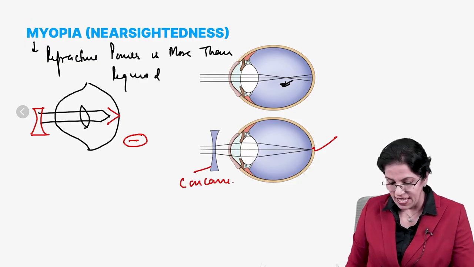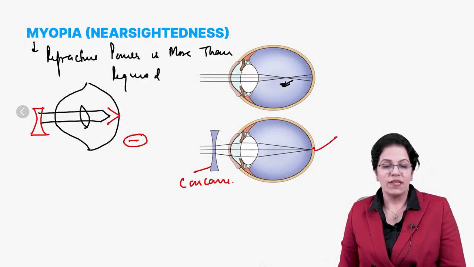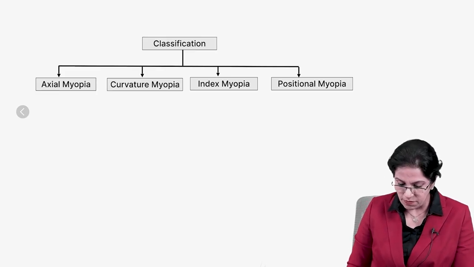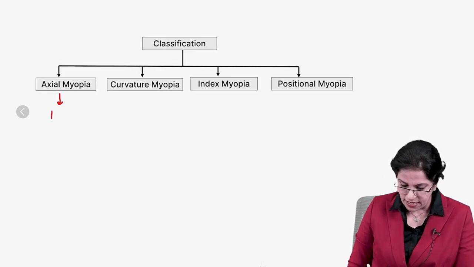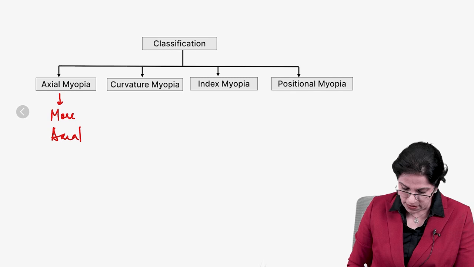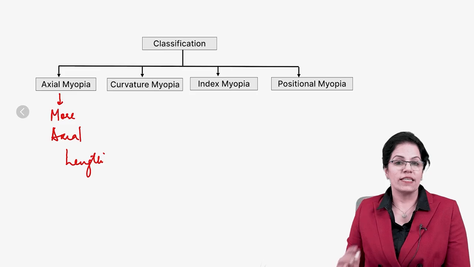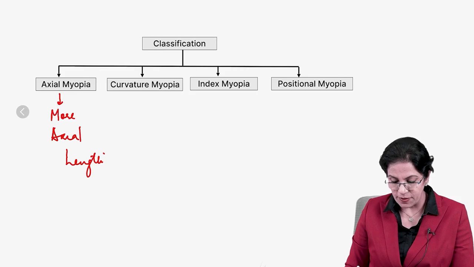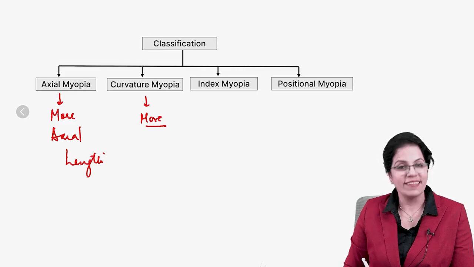Correct? Okay. So once we know this and we are clear about this, what else? Classification. How do you classify myopia? Very simple. When there is more axial length, it is again a cause of myopia, isn't it? More axial length, number 1, so axial myopia. If it is due to more curvature, more is the refractive power. We have learnt it so many times. So more curvature can lead to curvature myopia.